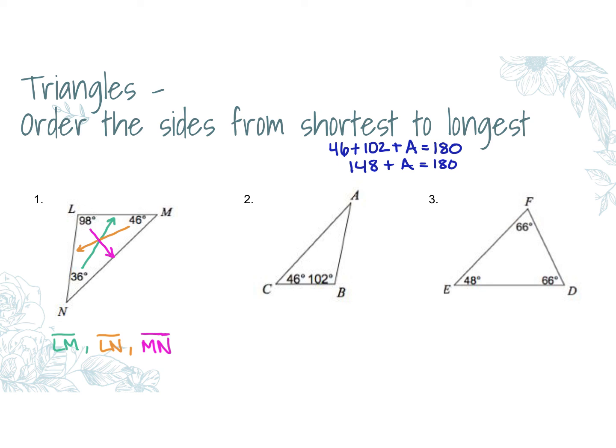And when we subtract 148 from both sides, we would find that angle A is equal to 32 degrees. So we'll plug that in our triangle.